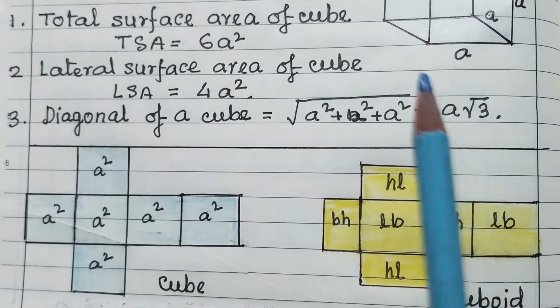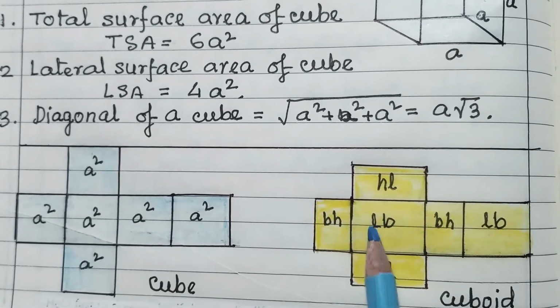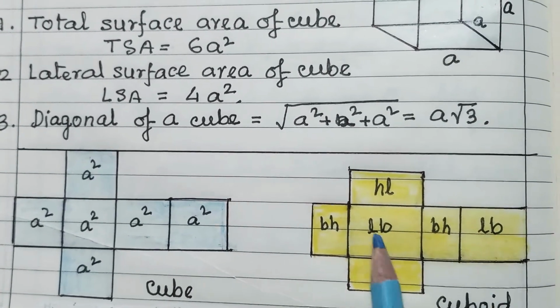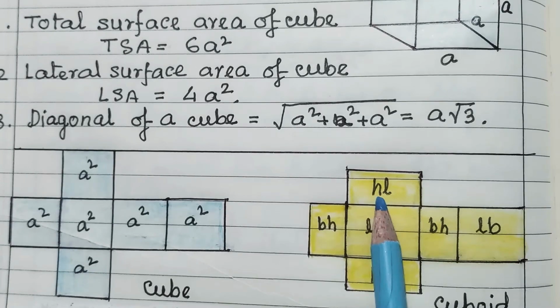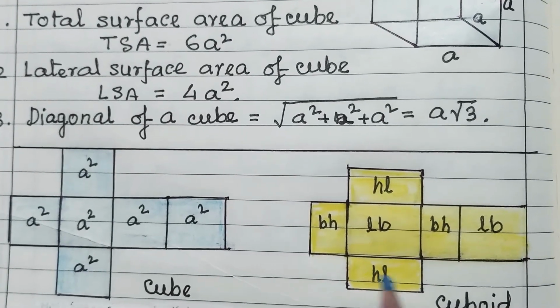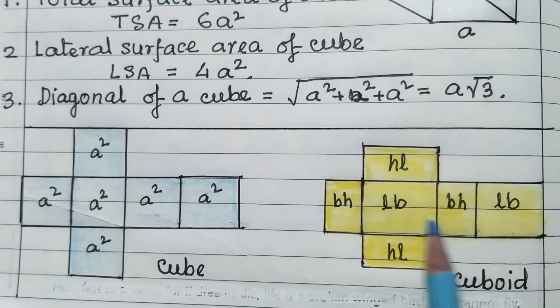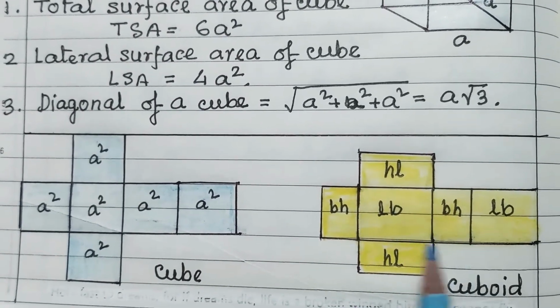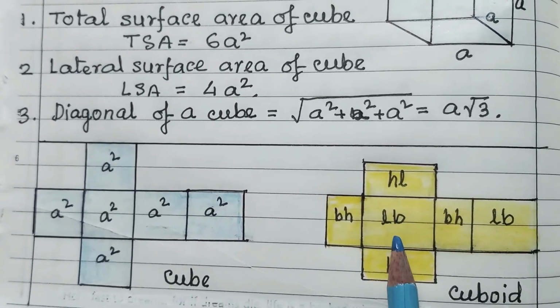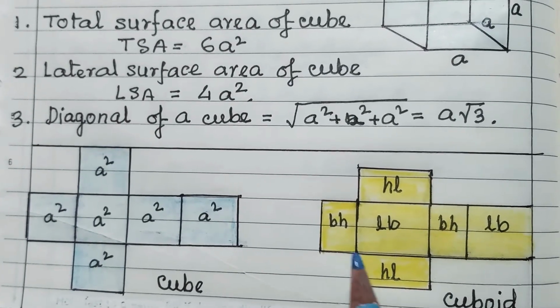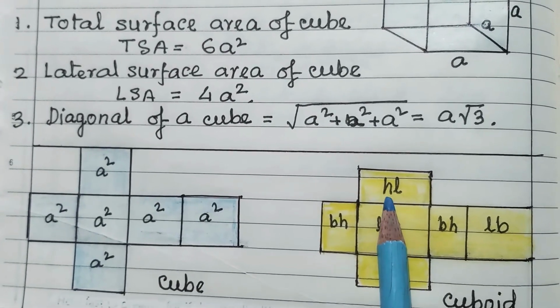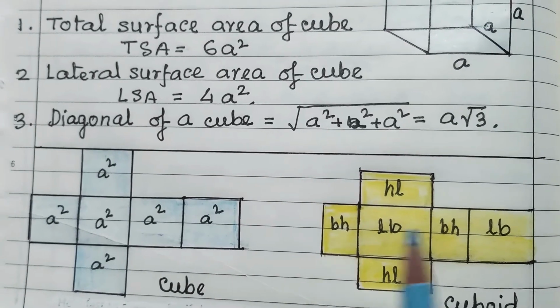The cuboid is the same in this way: 2 times length into breadth for top and bottom, height into length on 2 sides, and breadth into height on the other 2 sides. So its total surface area is 2 times (length into breadth plus breadth into height plus height into length). This is the formula.